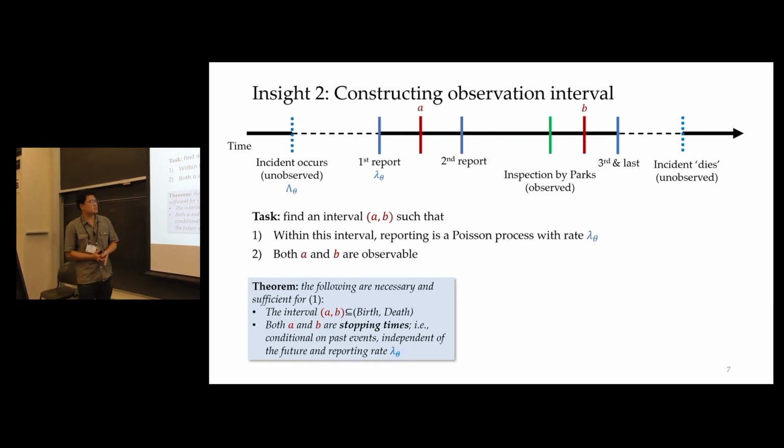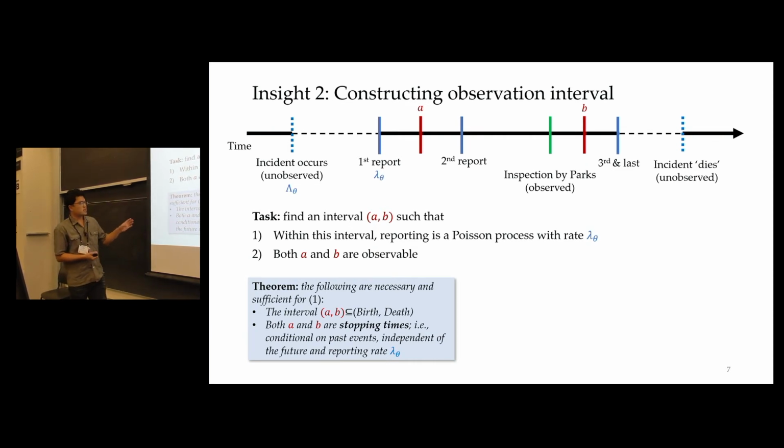So let us say we select A to be the time of the first report. So A satisfies both these two criteria. But for the first condition, let us say B is sometime after the incident has died. So obviously, the Poisson rate estimator will be biased downwards.